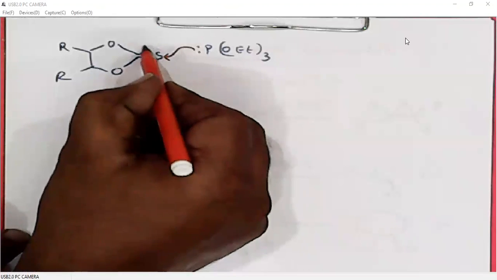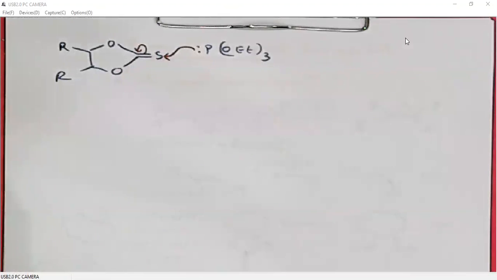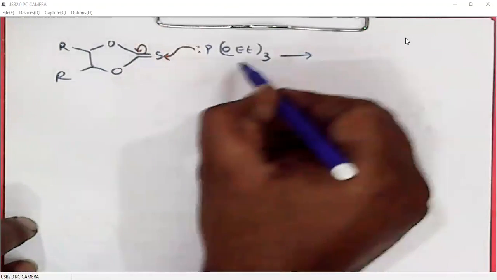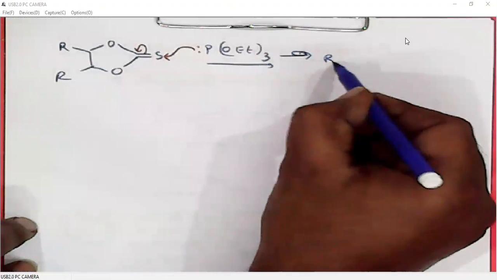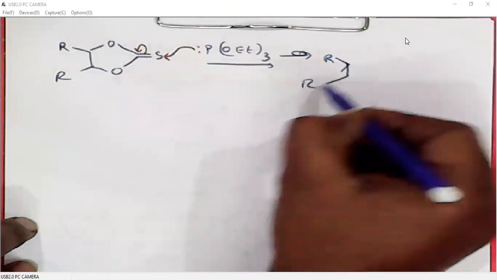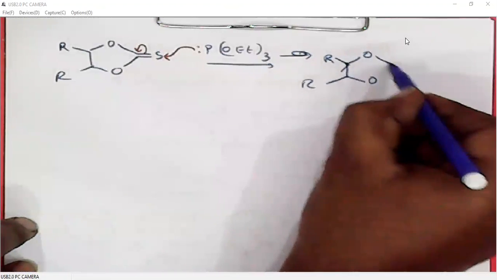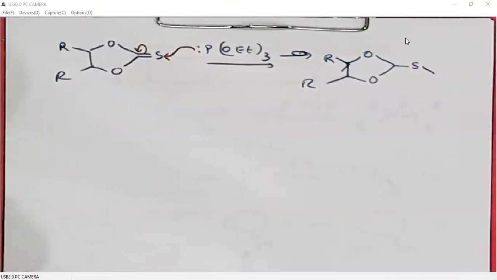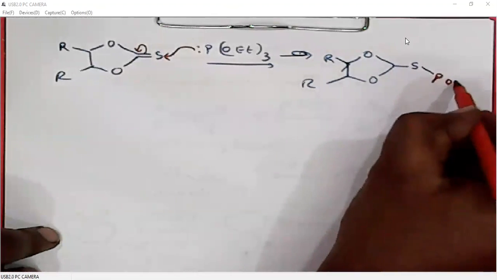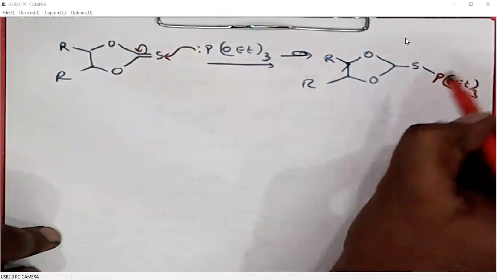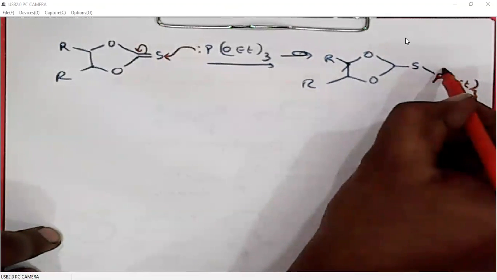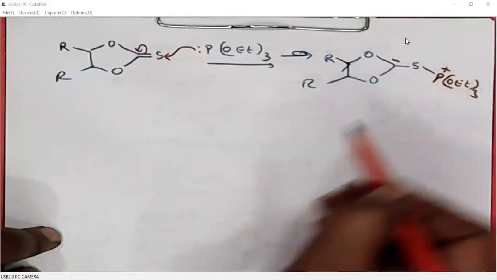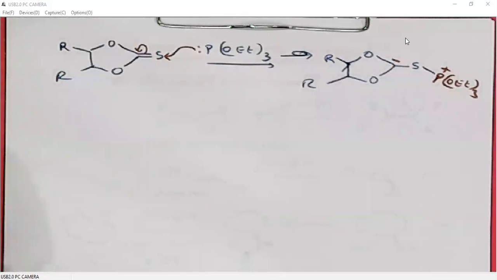Then the carbon-sulfur bond will be polarized towards carbon. Since phosphorus has used its lone pair, it gets a positive charge. Carbon is getting the bond pair of electrons, so it gains a negative charge.